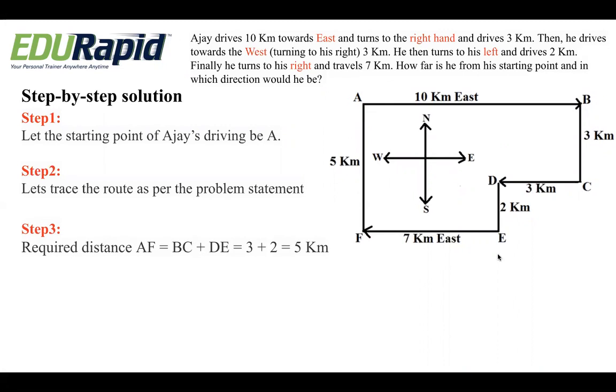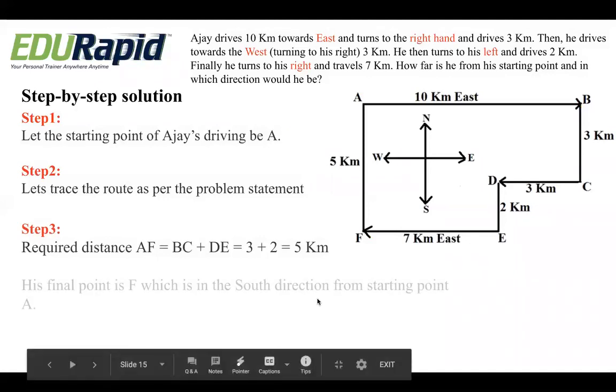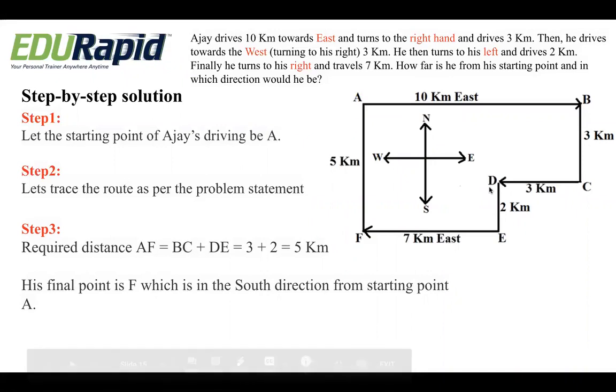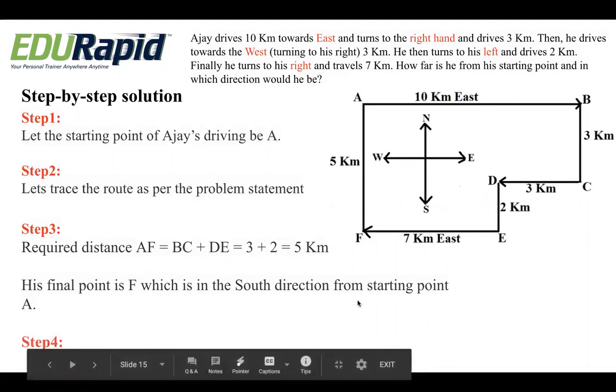Please understand this concept. And then finally, the question is asking his final point, how far he is from it and in what direction. So he is 5 kilometers south.